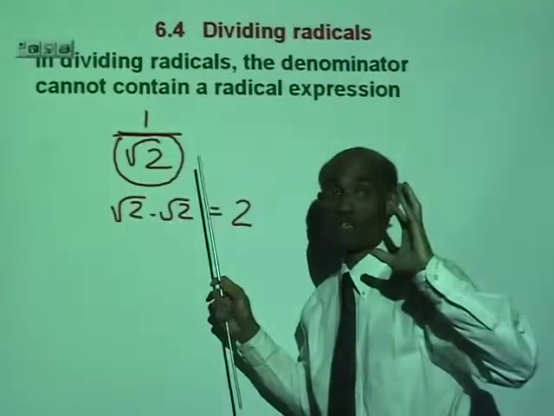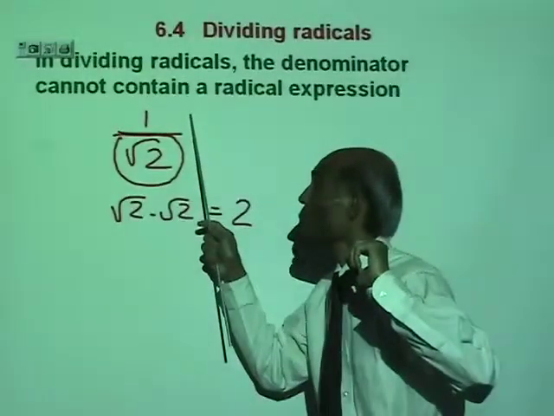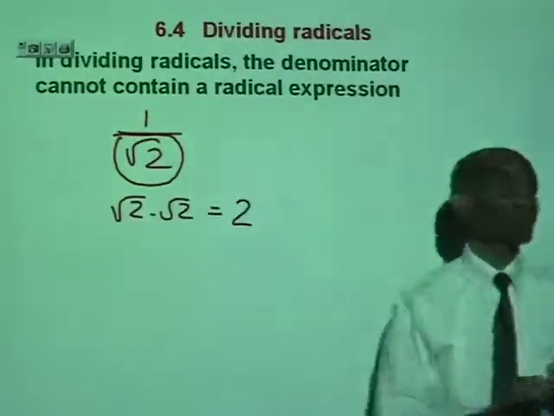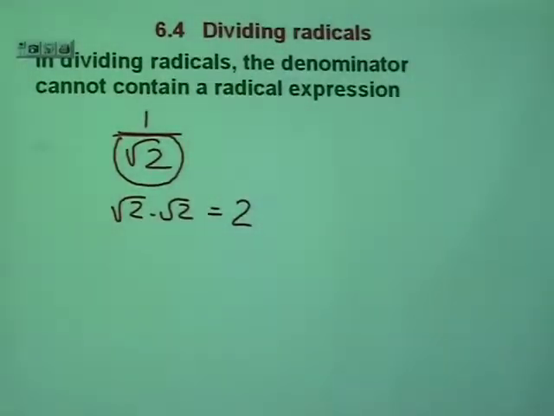You got the answer? Well, you can multiply the numerator by square root 2, the denominator also by square root 2. So watch how I do that. Multiply the numerator by square root 2, the denominator also by square root 2. What do we have now? On the numerator, I have square root 2.